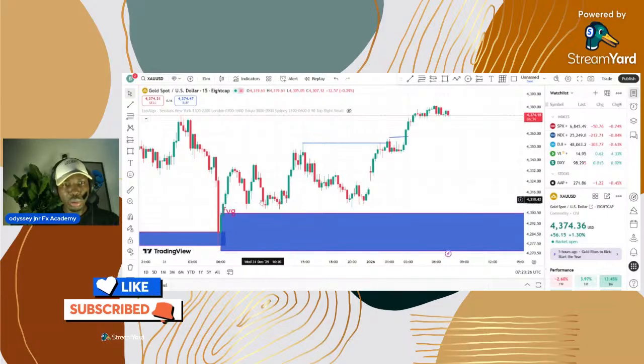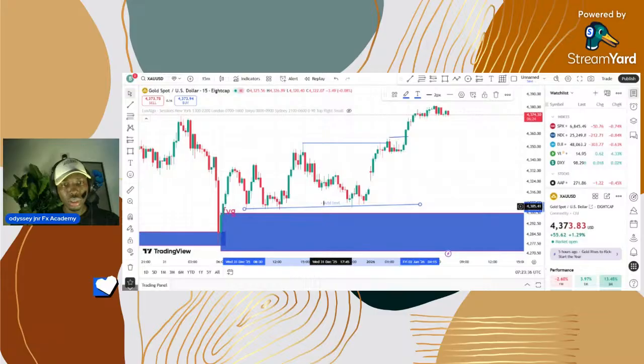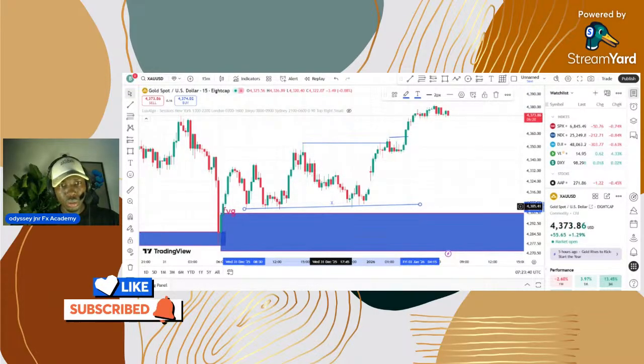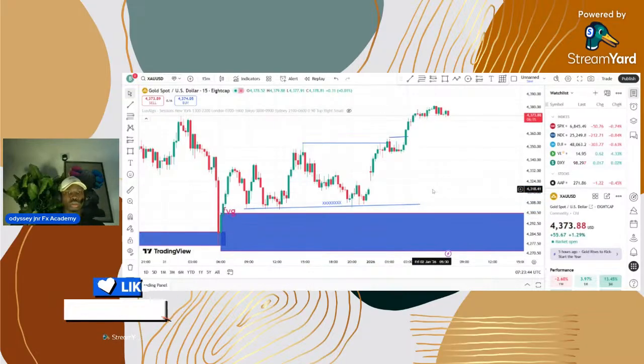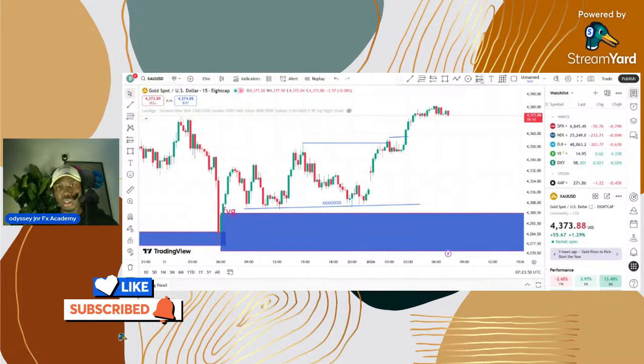This serves as liquidity. This serves as our liquidity. So we have the FVG, we have the liquidity, then price has to clear this to enter our order block. So I will be going long on this.